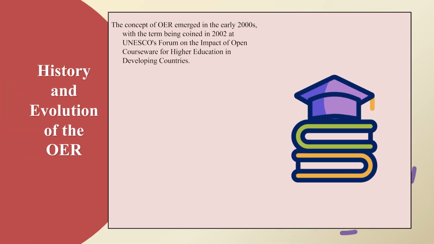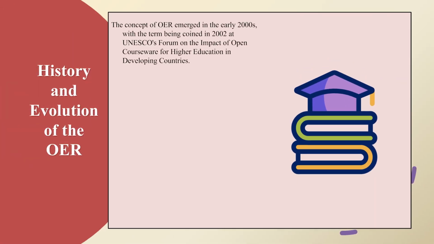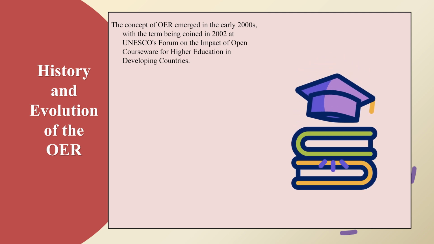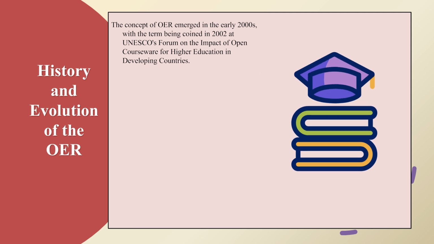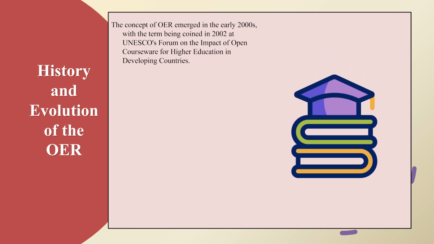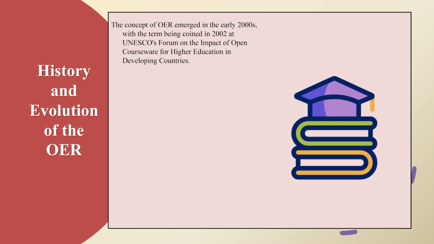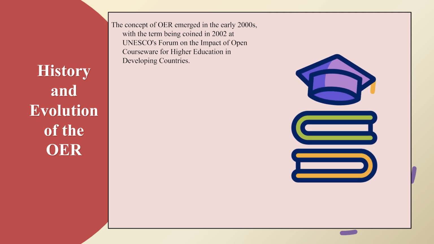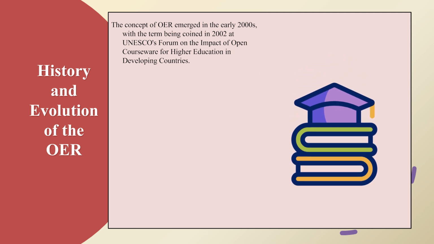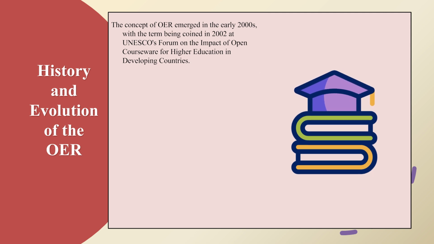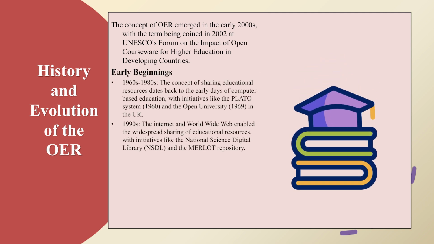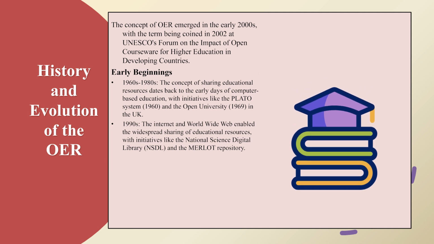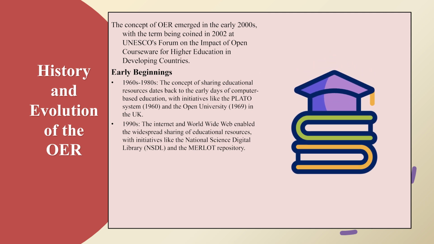So now, friends, you want to know the history of the evolution of OER. The concept of OER emerged in the early 2000s, but from the early 1960s to 1980s, the concept of sharing educational resources dates back to the early days of computer-based education, with initiatives like the PLATO system in 1960 and the Open University in 1969 in the UK.